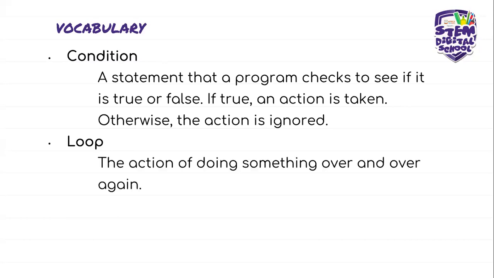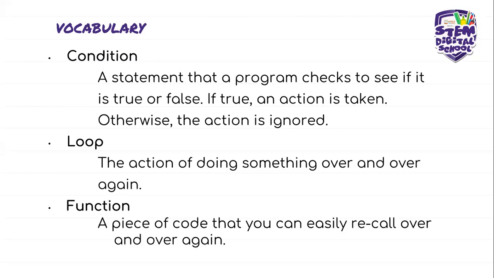A loop we've dealt with quite a bit already, and I'm sure we are all quite familiar with loops by now. The action of doing something over and over again. And then our function, the block that we have been focusing on for the last couple of lessons. That piece of code that you can easily recall over and over again.